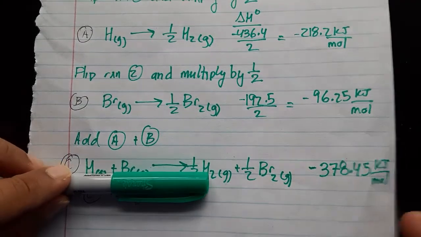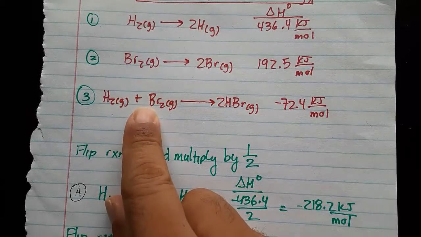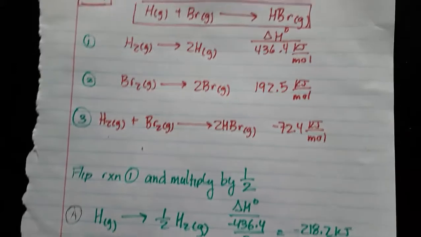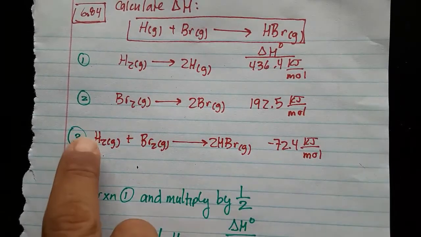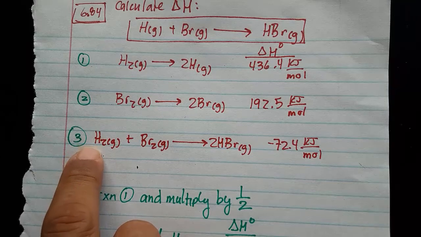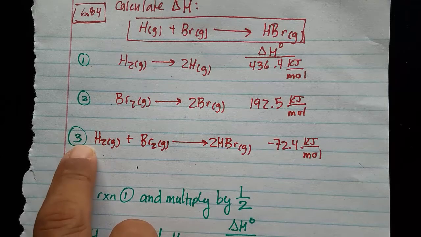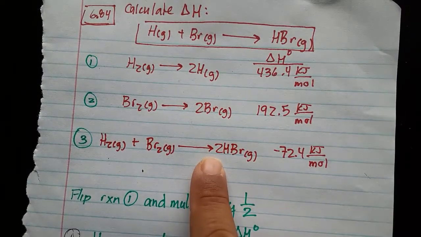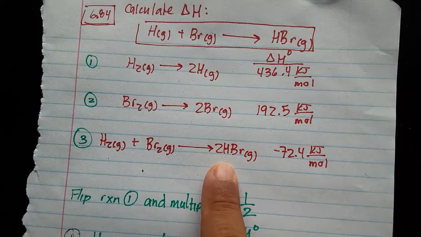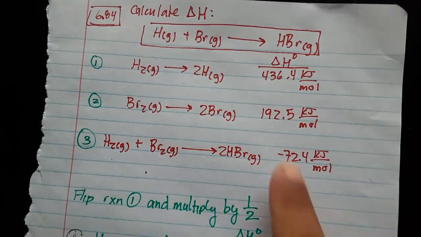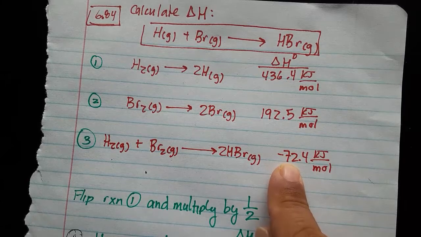So now I'm going to add reaction C to number 3, but there's a difference here. Before I add that, I'm going to multiply this by 1/2. Do you see my thought process in multiplying reaction 3 by 1/2? Multiplying reaction 3 by 1/2, I get 1/2 H2 plus 1/2 Br2 plus 1/2 times 2 is just 1 HBr, which is the HBr here. That also means we multiply the enthalpy by 1/2.